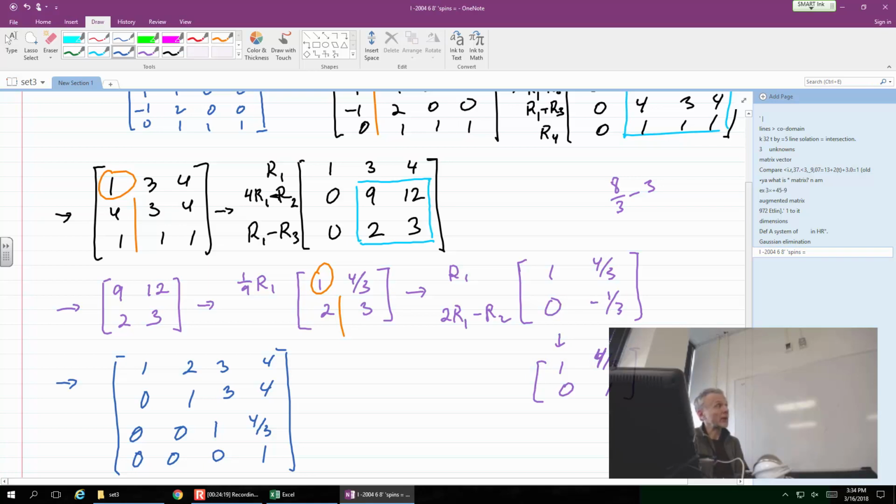If you write it out in terms of equations, from the last equation I can find x4. Then I plug x4 into the third, and I find x3. Then those two are plugged into the second equation, I find x2, and so on.